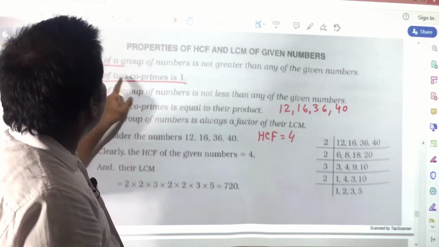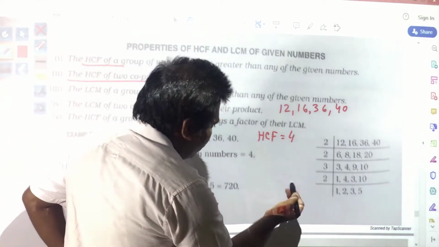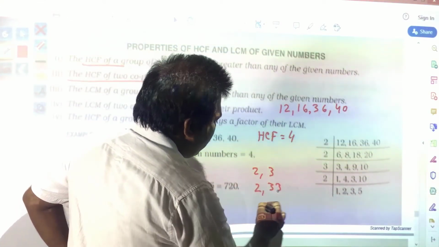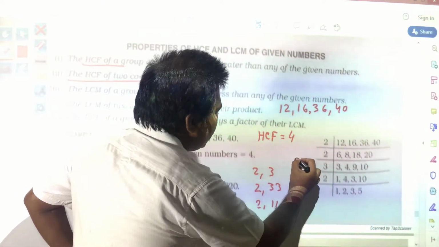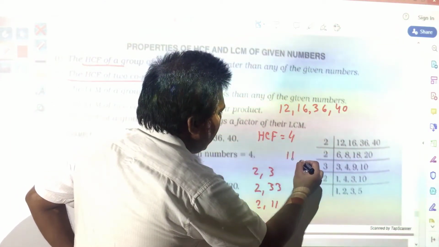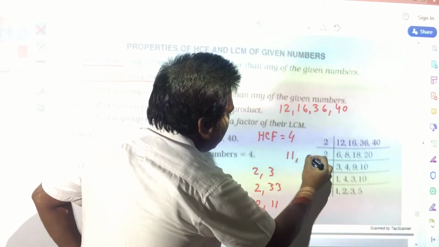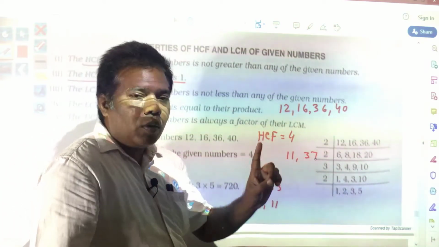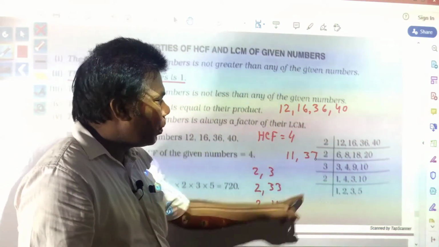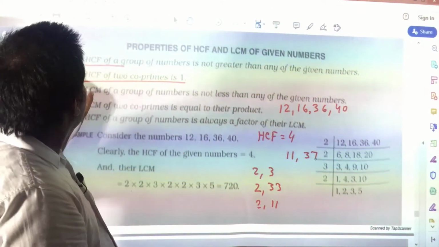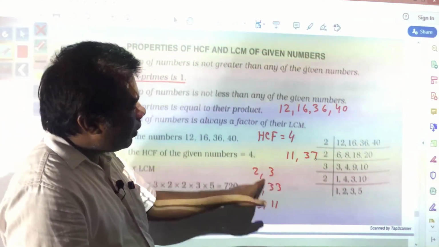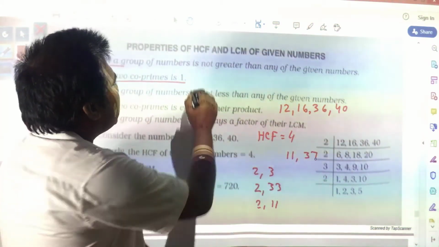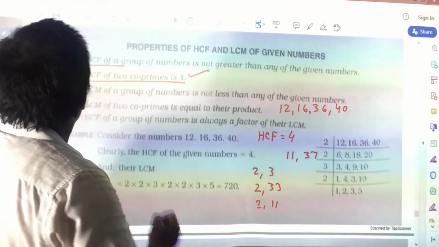For example, 2 and 3, or 2 and 33, or 2 and 11, or 11 and 37. Any two numbers having only one as a common factor are called co-primes. So if you find the HCF of two co-primes, you will not get any other common factor, so your HCF will always be 1. You need to remember that.